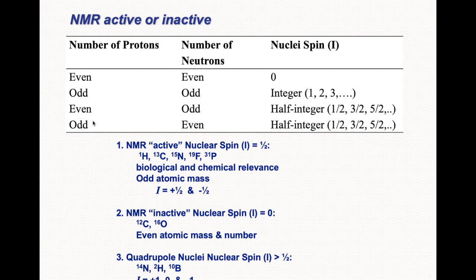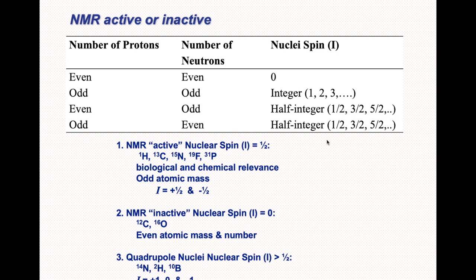The other two cases that we have are this: either the number of protons can be even while the number of neutrons is odd, or the number of protons can be odd while the number of neutrons is even. Both these cases will have half-integer nuclear spin.